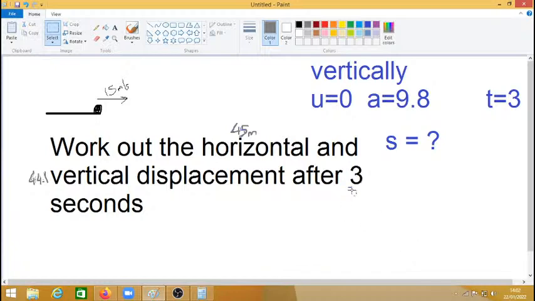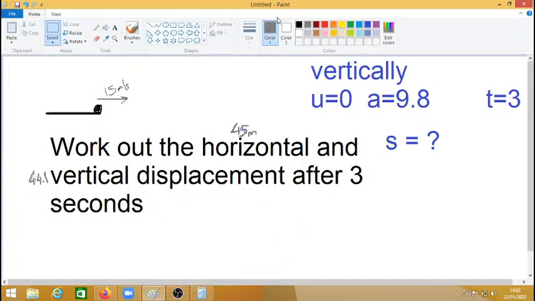The new thing you want to learn here is that displacement is used horizontally and vertically. So it's more like coordinates, that we know the particle's gone 45 this way and then 44.1 this way. And then distance is the actual straight line distance from the beginning to the end. So that's what we want to draw out and then work out.